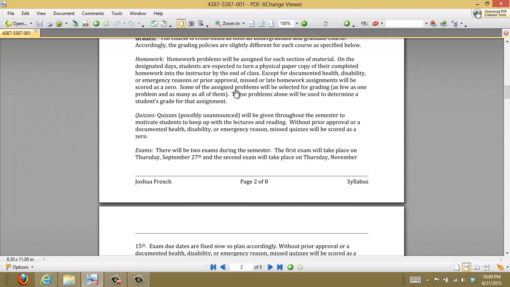And as with the homework, unless you let me know ahead of time or you have some emergency, illness or disability that I'm aware of, then any missed quizzes will be scored as a zero. So please make sure to show up to class on time, take the quizzes when necessary.